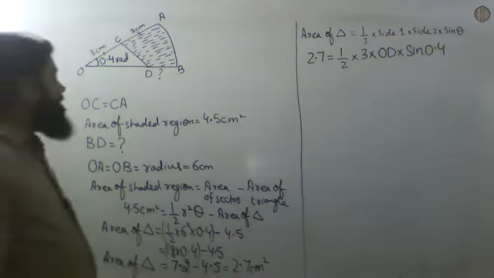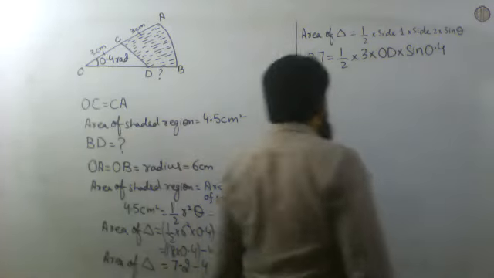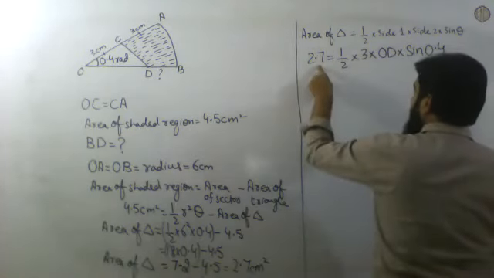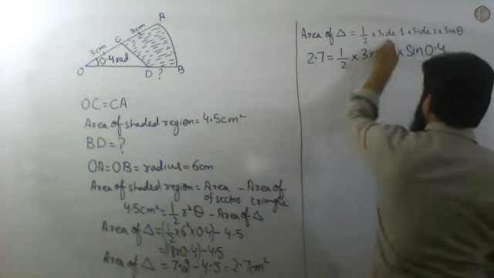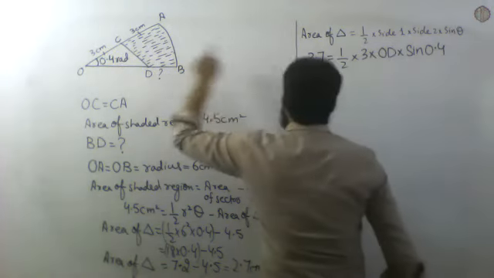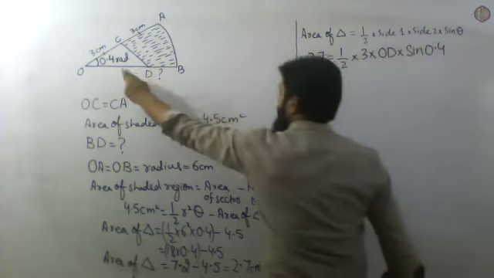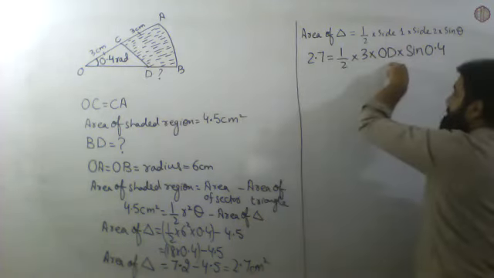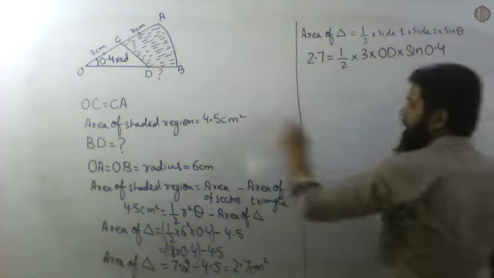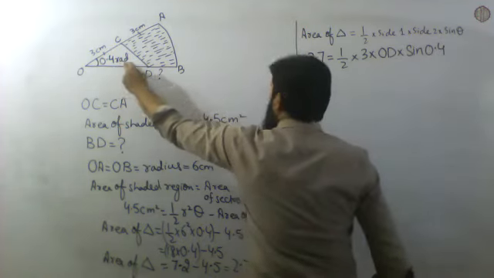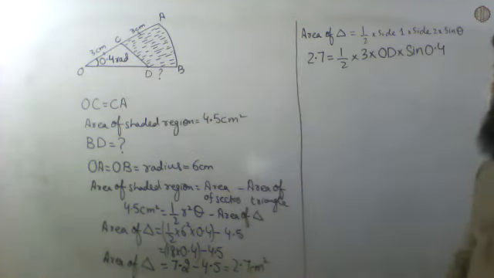Okay, what I have done, 2.7 from here, I have plotted area of triangle. Half will remain as it is. Side 1 is 3 centimeter. Side 2 is OD. Sine of inclusive angle. Inclusive angle is 0.4 radian. It means your calculator should be in radian mode.